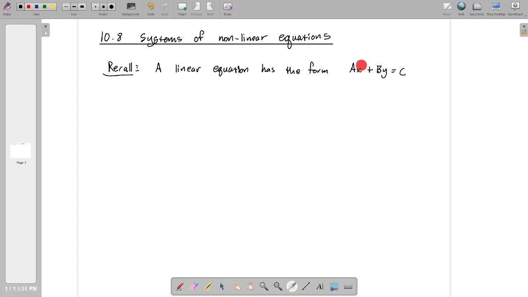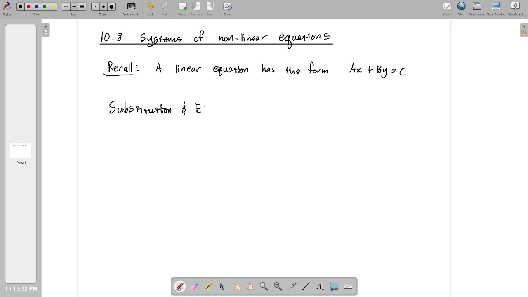Maybe they don't have a power 1, maybe they have a power 2, maybe they have a power 3, maybe they have a square root. There are many different types of equations other than linear equations, and that's what we're going to try to solve in this section. But all of the techniques are the same.